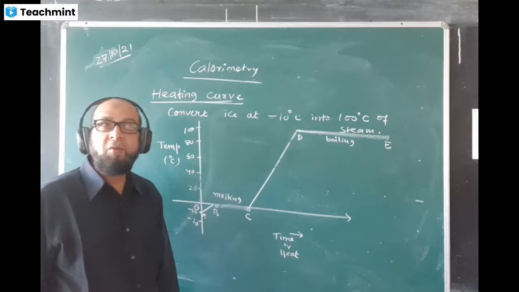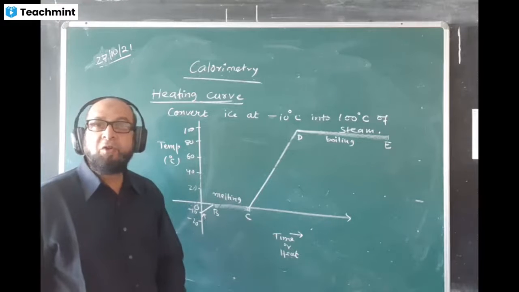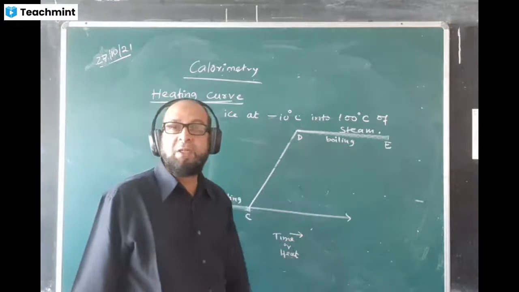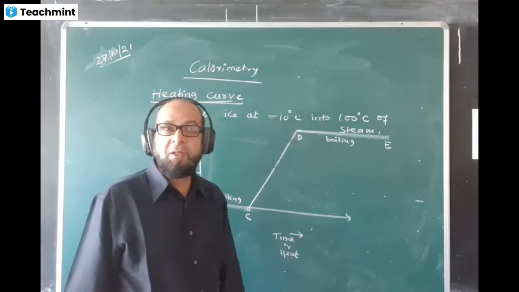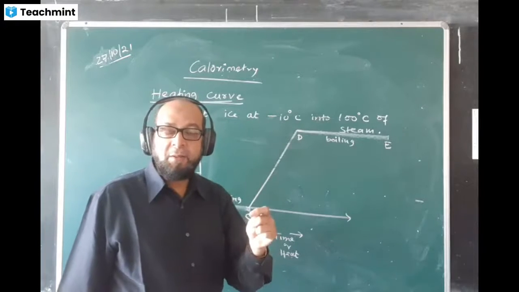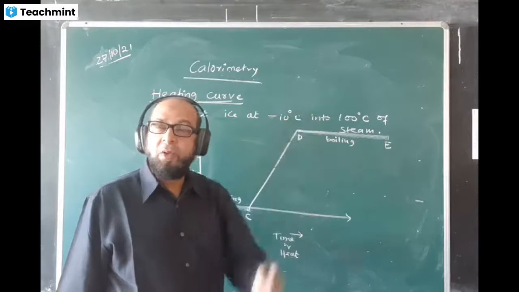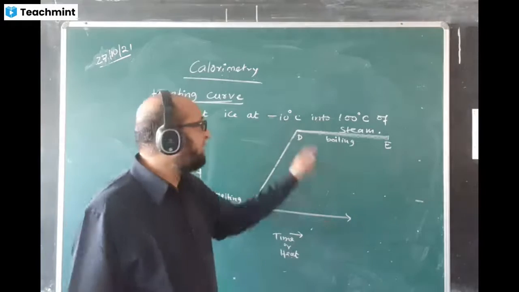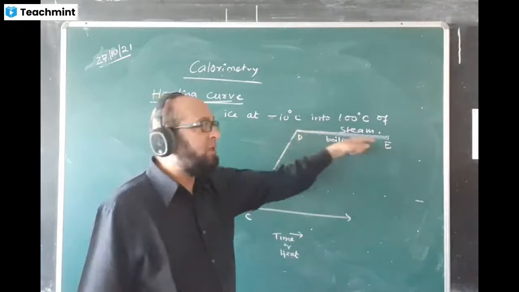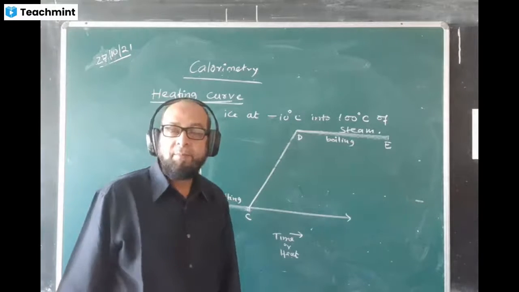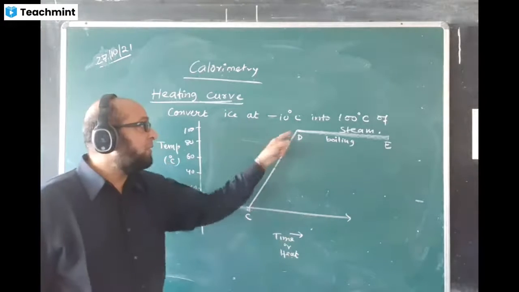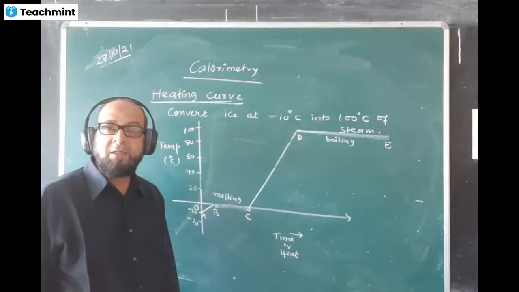If you remember, the latent heat of fusion of ice is only 336 joule per gram, whereas the latent heat of vaporization is 2260 joule per gram. Almost 7 times more. That's why this region will take a longer time. The boiling process will take a longer time than the melting. That's why I kept this region longer. They ask very often this question, why is this region longer than this one?